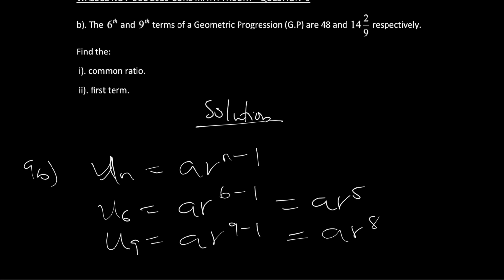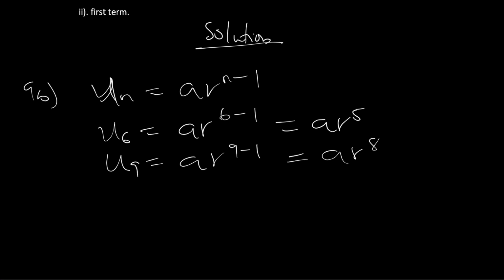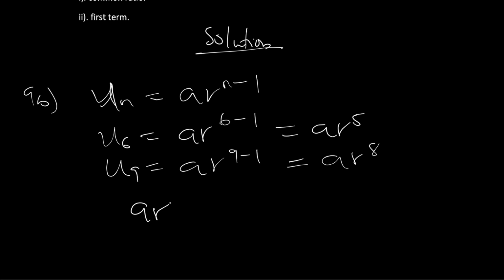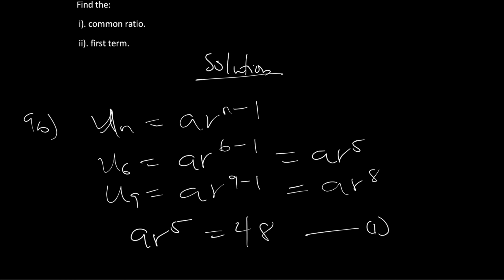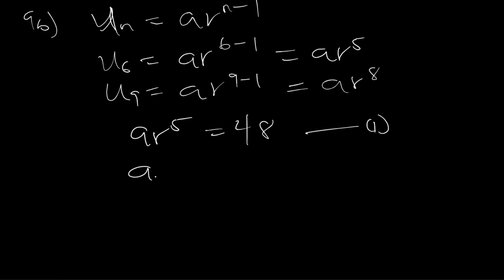We are told that the 6th term is 48. So AR^5 is equal to 48. This is equation 1. And then the 9th term is 14 whole number 2 over 9.